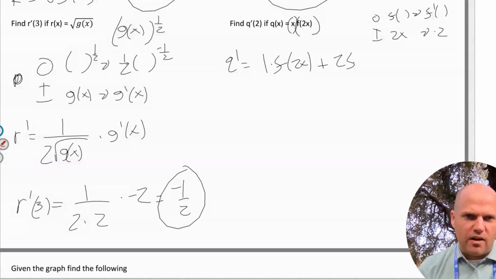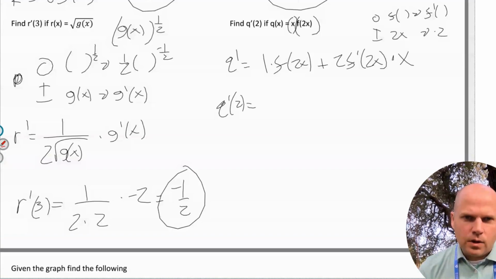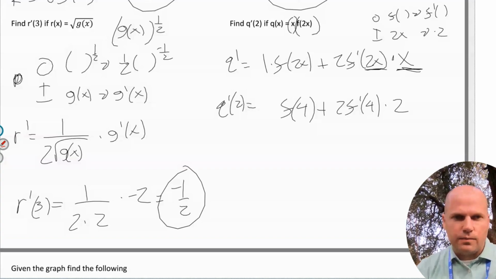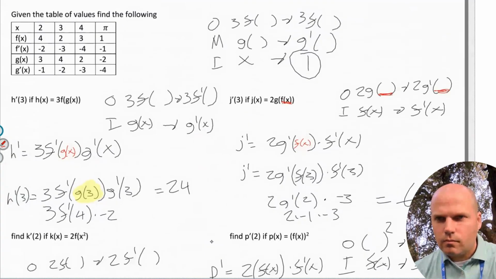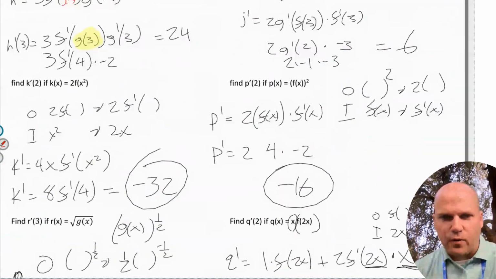So 2f prime, what starts in the parentheses stays in the parentheses, times the first, plugging in 2. I have f of 4 plus 2f prime of 4 times 2. Careful, that turns into a 4, but that stays as a 2. F of 4 is 3. F prime of 4 is negative 4.